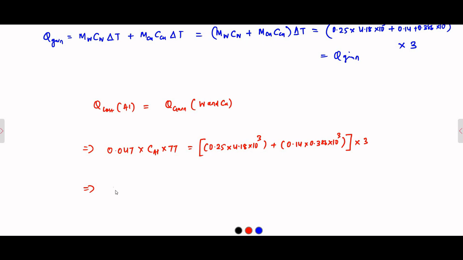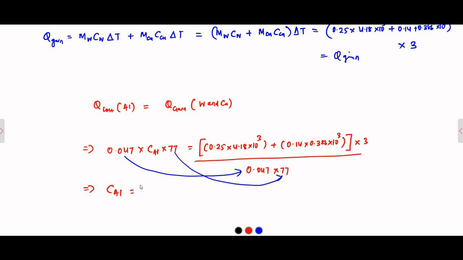That implies specific heat of aluminium is equal to this, with 0.047 into 77 in the denominator here.